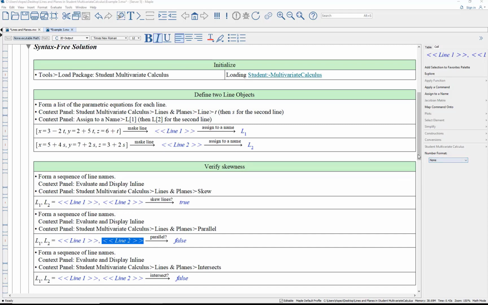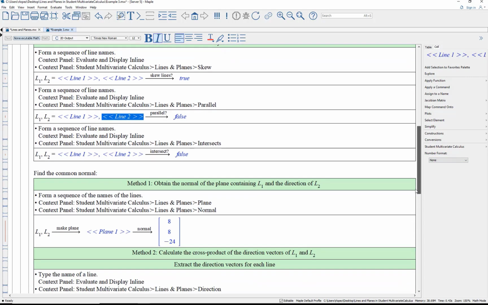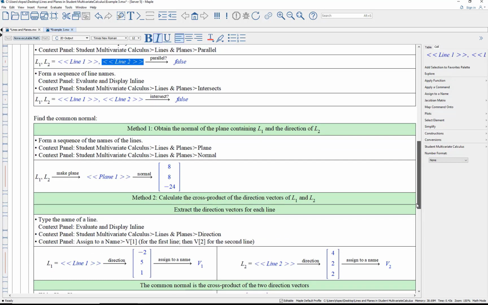So now that we know that the lines are skew so that there is a common normal, we can get that common normal by several techniques. Two lines make plane. You get a plane object.